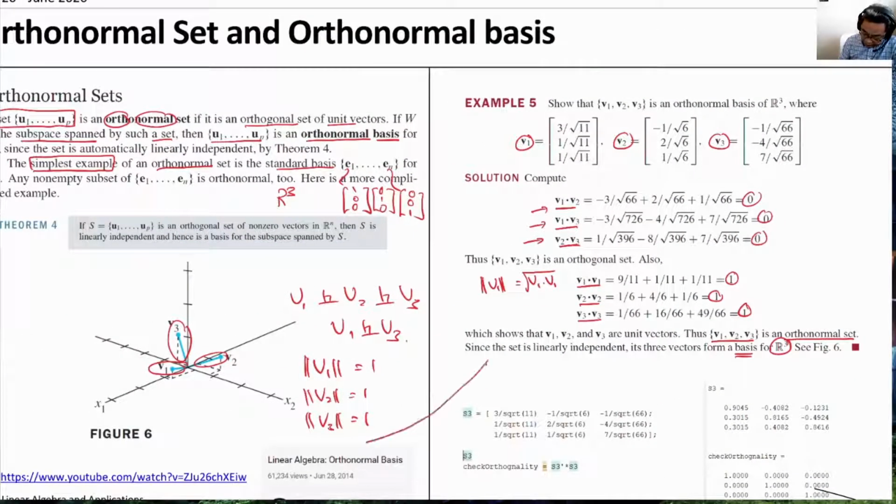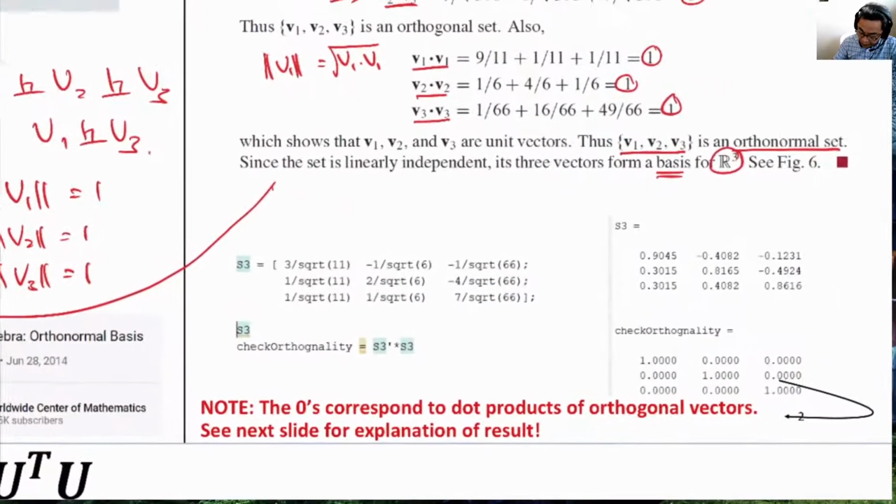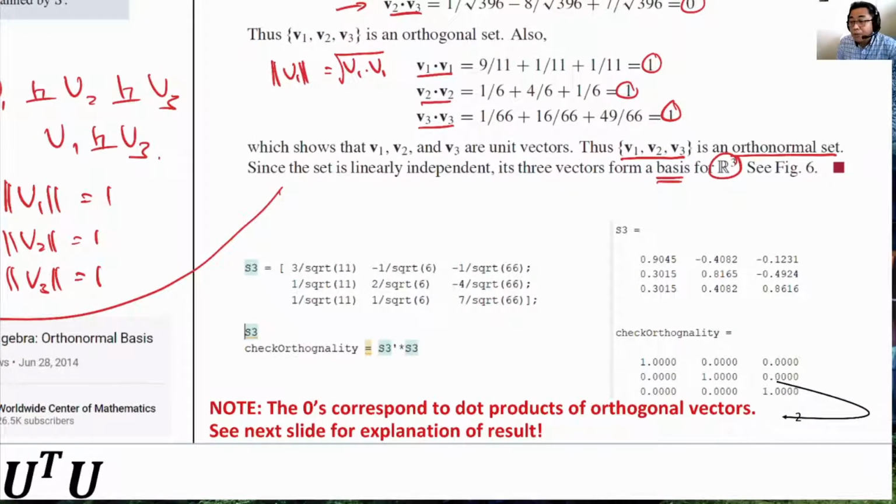So this is the example here. Now in MATLAB, I can very quickly check whether v1, v2, v3 is orthogonal or not by doing this. We simply have a matrix, let's call it S3, and compute S3 transpose S3. What we are doing is taking the column vectors and transposing, so we are making the first vector v1 transpose, and we are multiplying with the other one, v1.